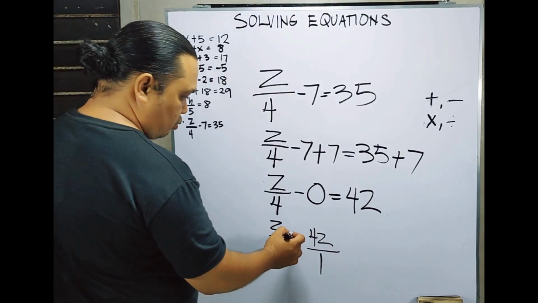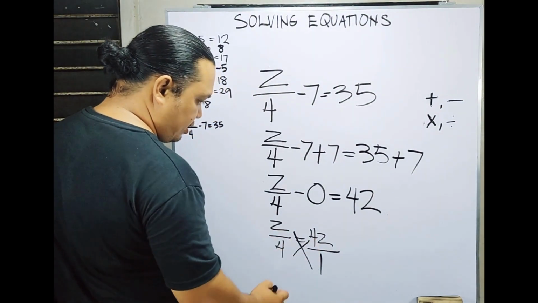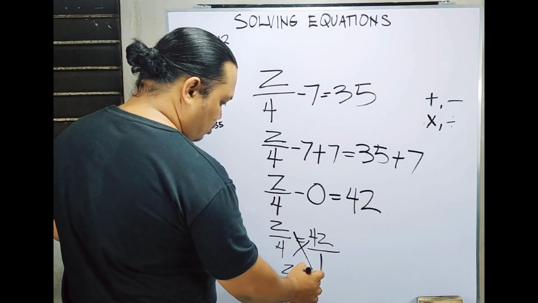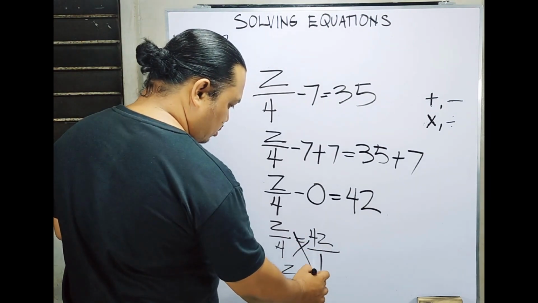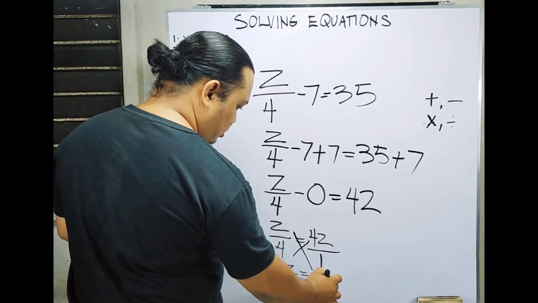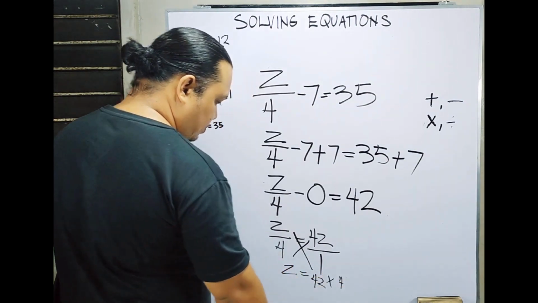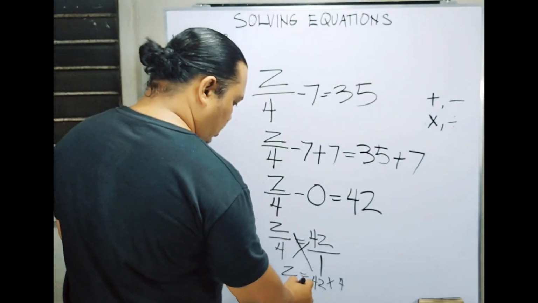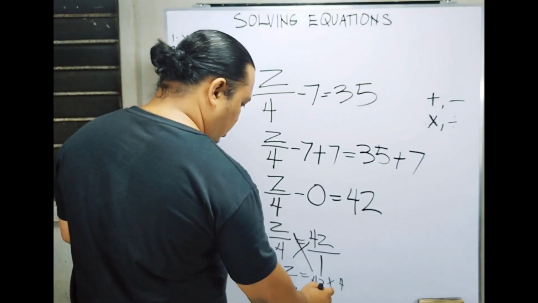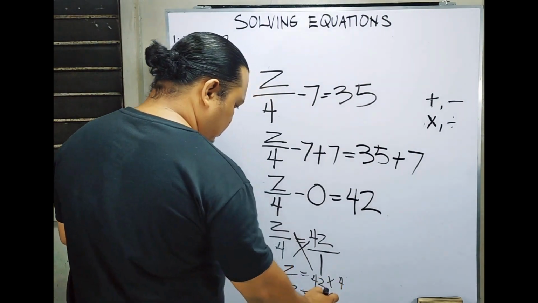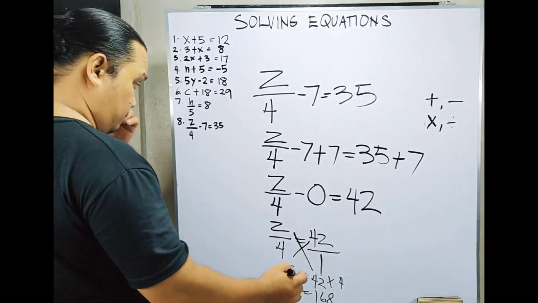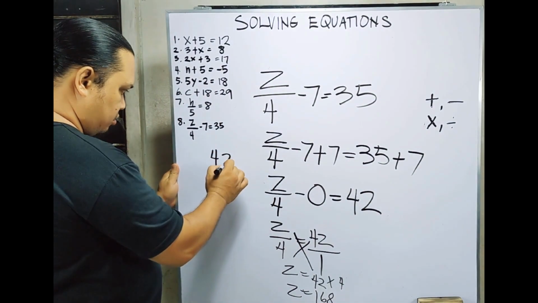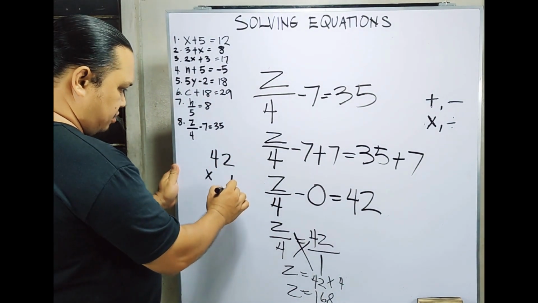So if you're going to cross multiply, you have here z times 1, that's z, is equal to 42 times 4. Okay, and that is 168. z is 168. Okay, if you're going to multiply that here, 42 times 4.